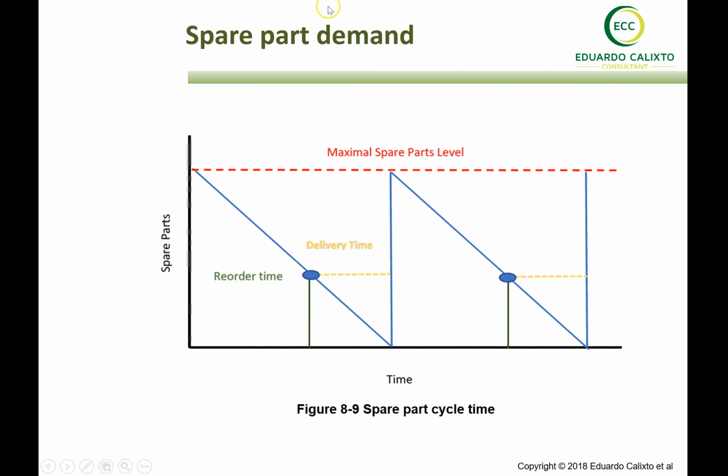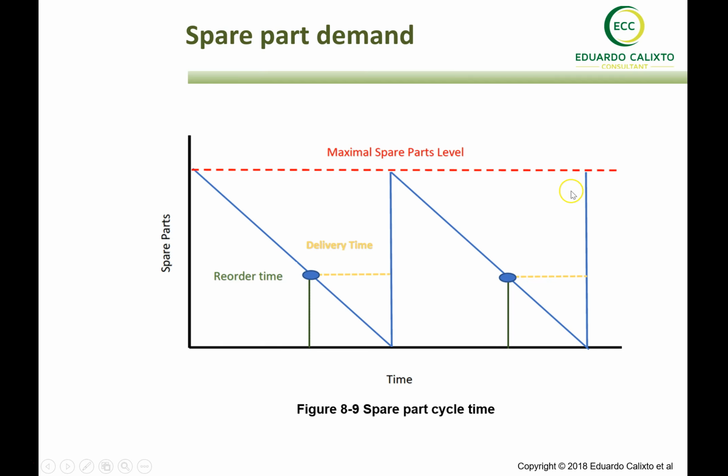So it's very important to understand this graph here, the spare parts cycle time, which demonstrates the main concept behind the spare parts. We need to define the maximum level of spare parts, and that is related to the operational cost, as well as the limits our warehouse has for keeping spare parts in stock.